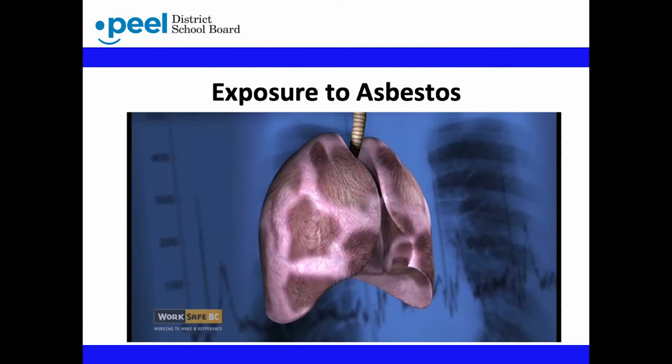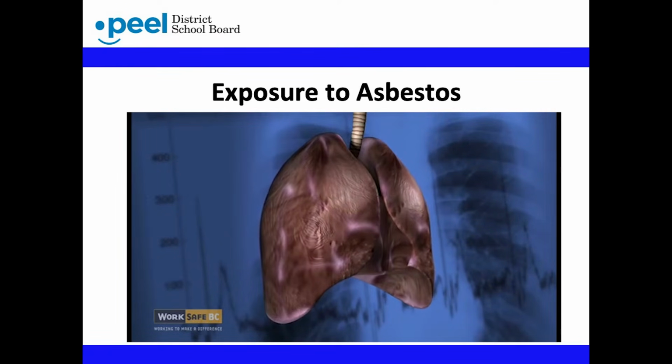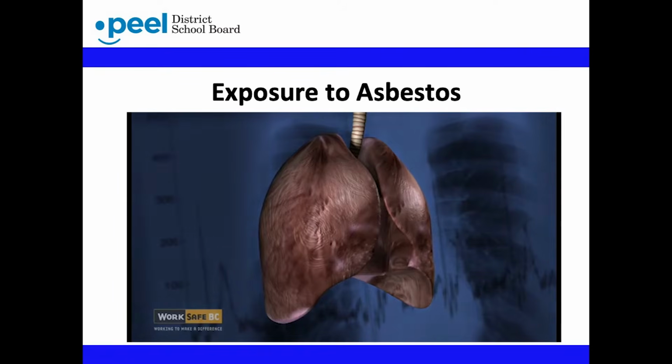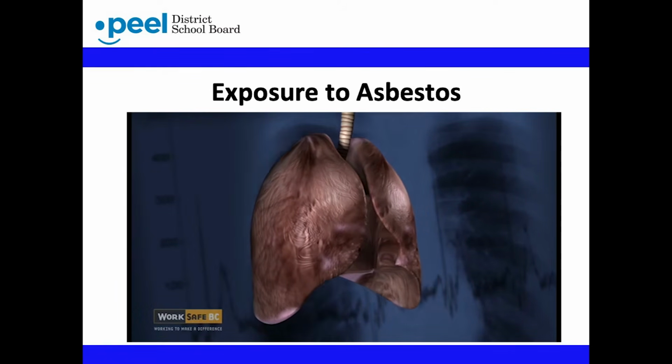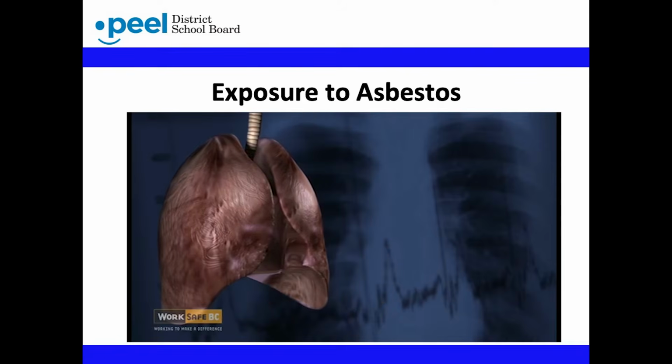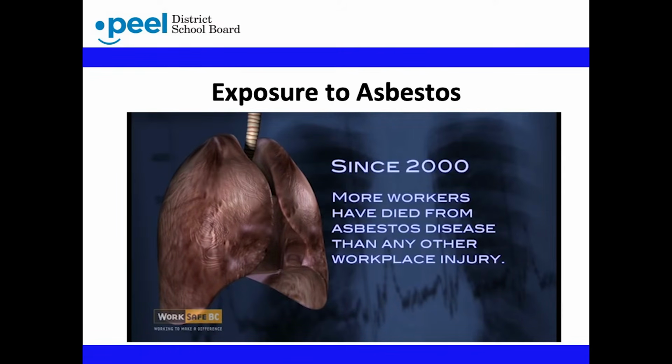Asbestos fibers can remain in the lungs for long periods, and the scar tissue that results continues to develop for many years after exposure. Eventually, so much scar tissue develops that the lungs stop working. Since the year 2000, more workers have died from asbestos disease in BC than any other workplace injury.